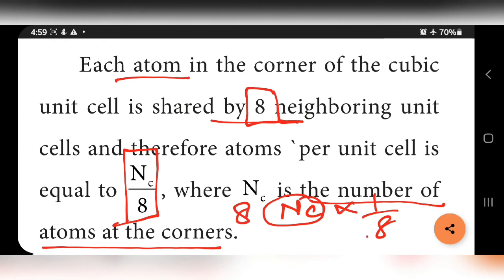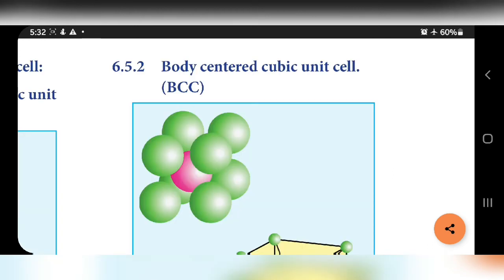So 8 into 1 by 8 is equal to 1. So in simple cubic, if you collect all the 8 atoms, you will get one full atom.